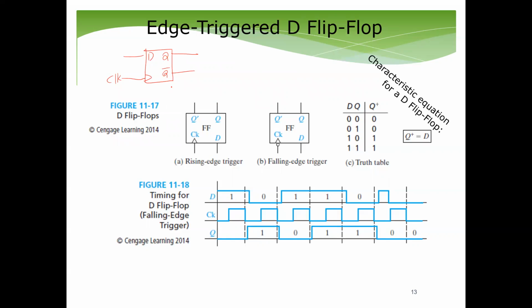Now, if the symbol is written this way, that means this is a positive edge triggered flip-flop, meaning the value of Q will take the value of D only at a positive edge of the clock.